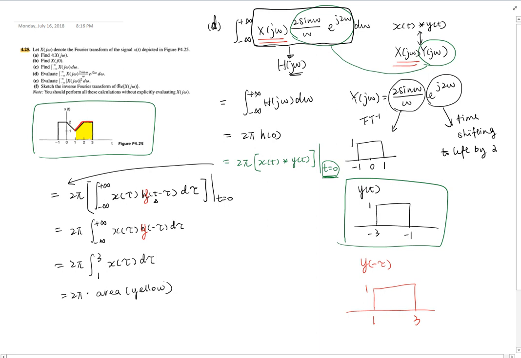So this sub-problem seems kind of intimidating, but if we break it down by parts, and as long as we know what we want, like we have a goal, we want to find h(t) first. To find h(t), we need to find H(jω), which is the Fourier transform of h(t). To find H(jω), we notice that it is actually a signal X(jω) multiplied by another signal. We can just call it Y(jω).